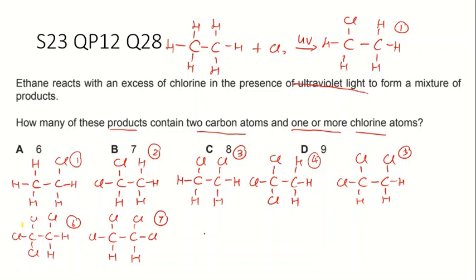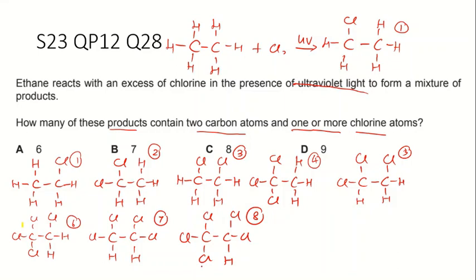So now I'm done with 4 chlorine atoms. Let's move on to 5 chlorine atoms. Cl, Cl, Cl, Cl, Cl, and this H. This is number 8. There's no other way to write a molecule with 5 chlorine atoms and 2 carbon atoms.